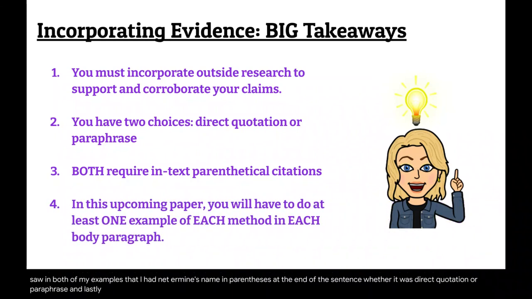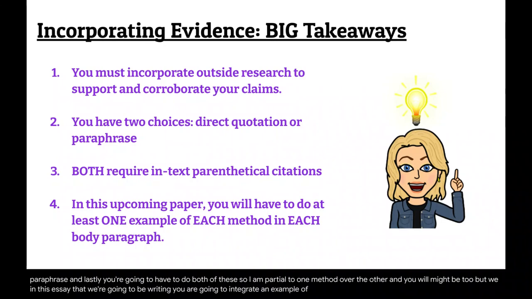And lastly, you're going to have to do both of these. I am partial to one method over the other, and you might be too, but we want to learn both methods. So in this essay that we're going to be writing, you are going to integrate an example of a direct quotation and a paraphrase into each body paragraph.